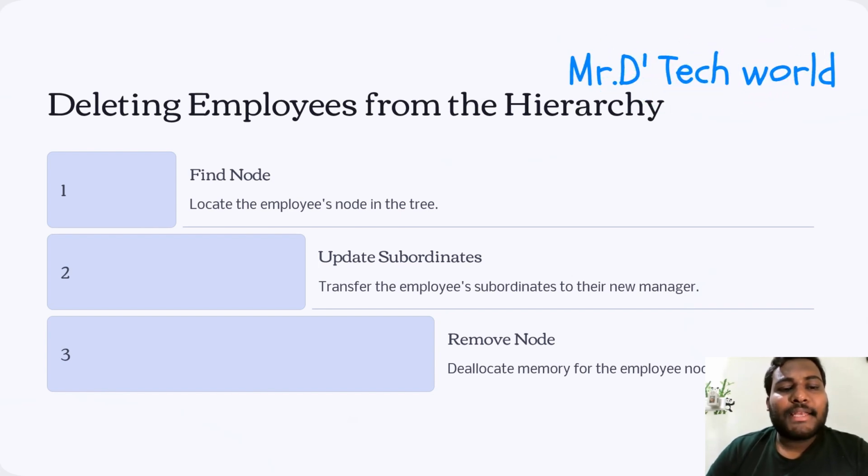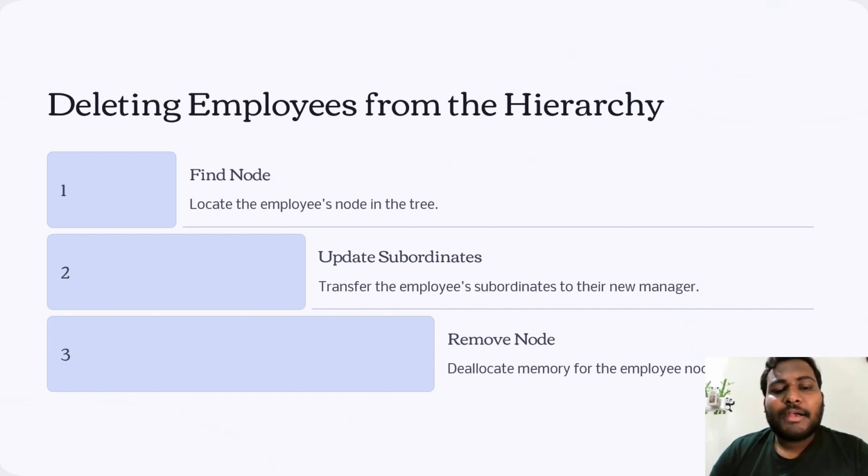Now we are going to find the location of the employee node in the tree, update the subordinates by transferring the employee's subordinates to a new manager, and remove the node, which is deallocated from memory. We are going to see this in the program, which helps us know about the employee details also.